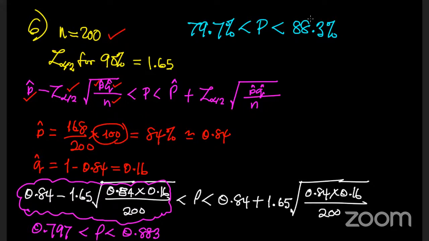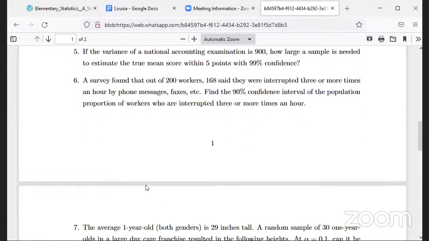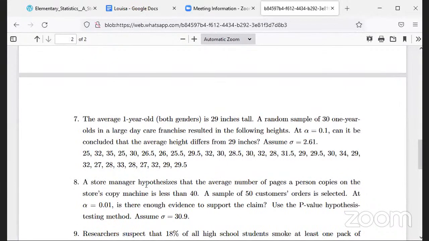Let's try 7. What is question 7? The average 1-year-old, both genders, that is male and female, is 29 inches tall.